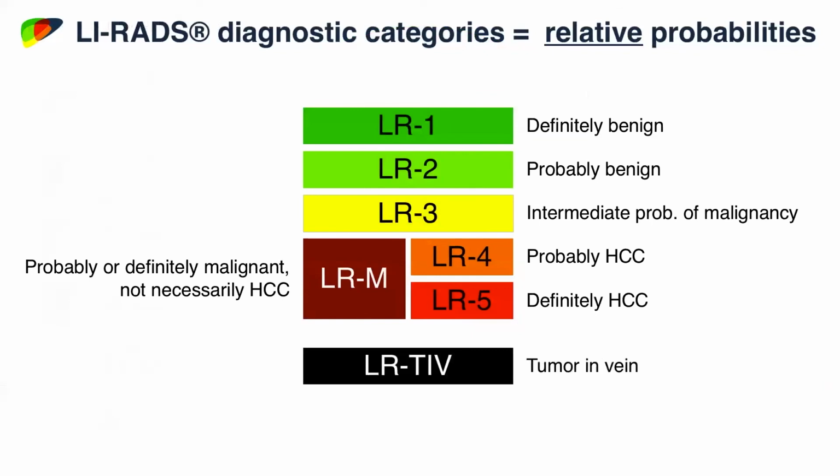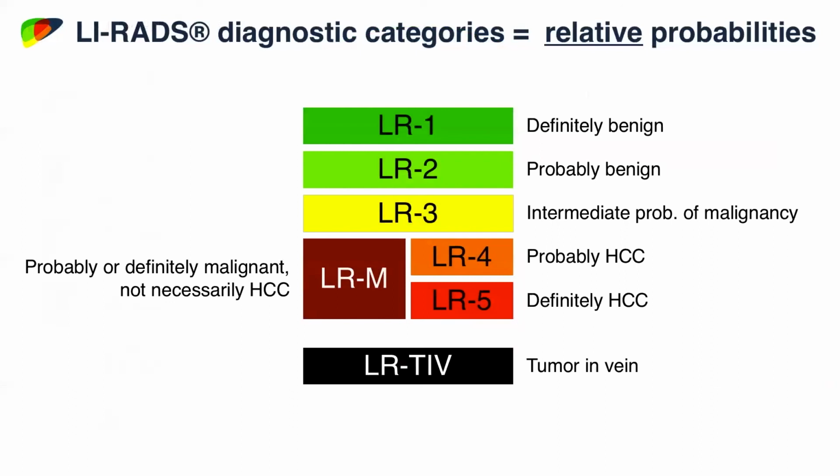LR-TIV, another important category because it means there's now a cancer that's growing into the lumen of a vein, so-called tumor in vein. And this is important because if the tumor has grown into the vein, it has probably escaped the liver and formed metastases elsewhere, even if the metastases are not visible. So if you have tumor in vein, do you think you want to do a liver transplant? Because if you do a liver transplant, you remove the liver, but you don't remove the metastases that have already escaped.